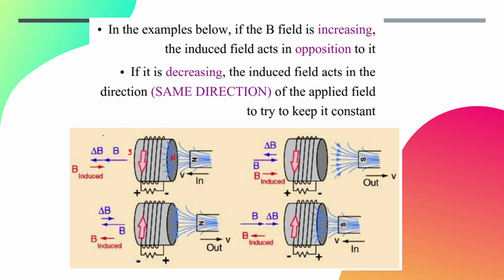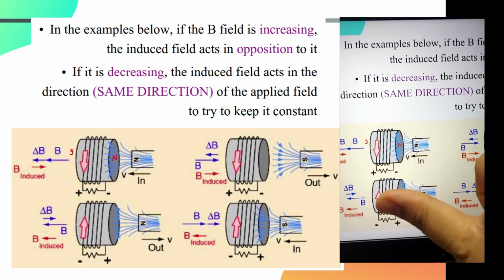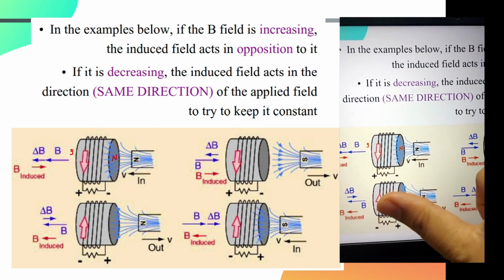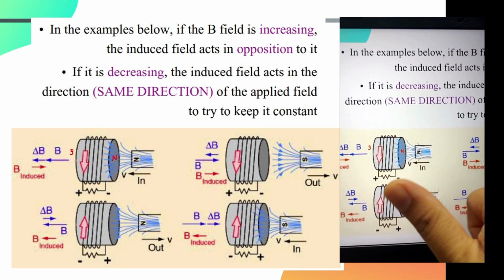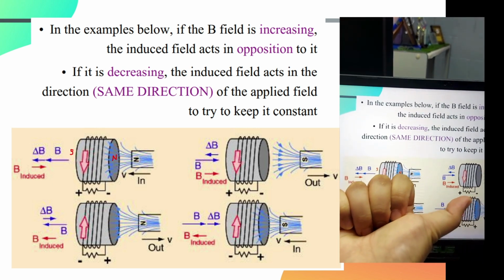So the way now, I put the video on the right side, you can see, take your right hand. Now by using your right hand grip rule, this is your right hand, your thumb will point to the north pole. Since the north pole is on the right side of the solenoid, put your right hand like here.